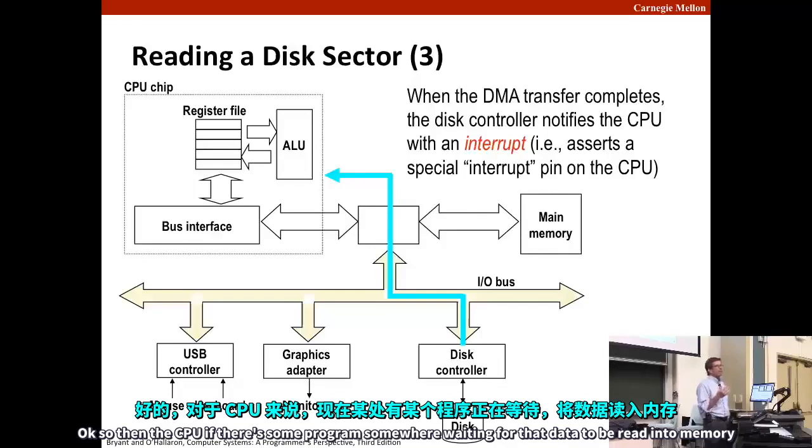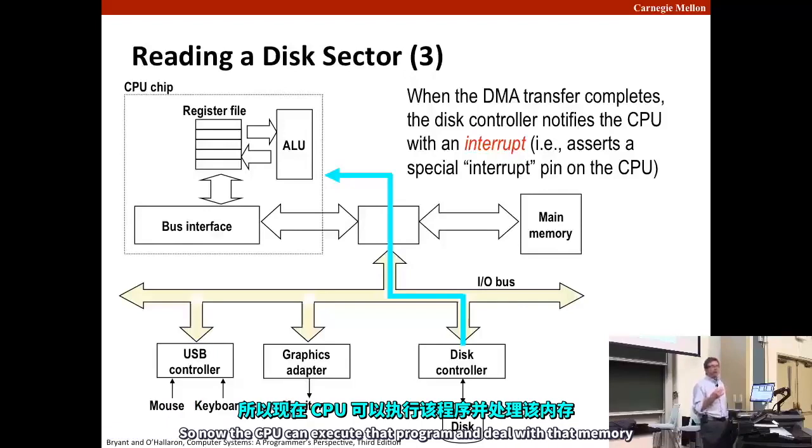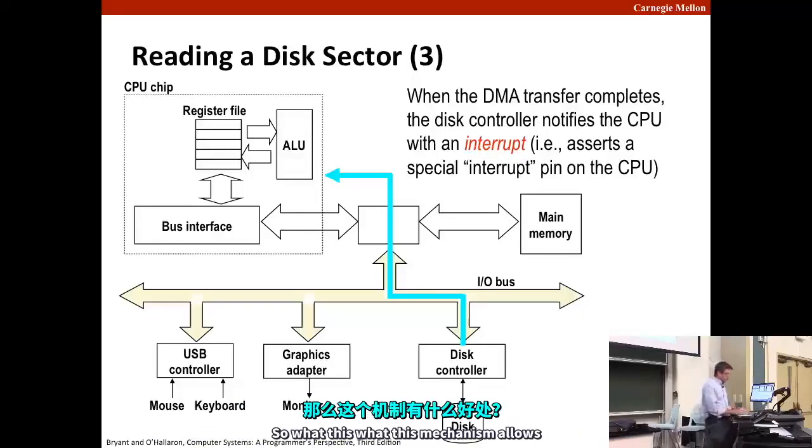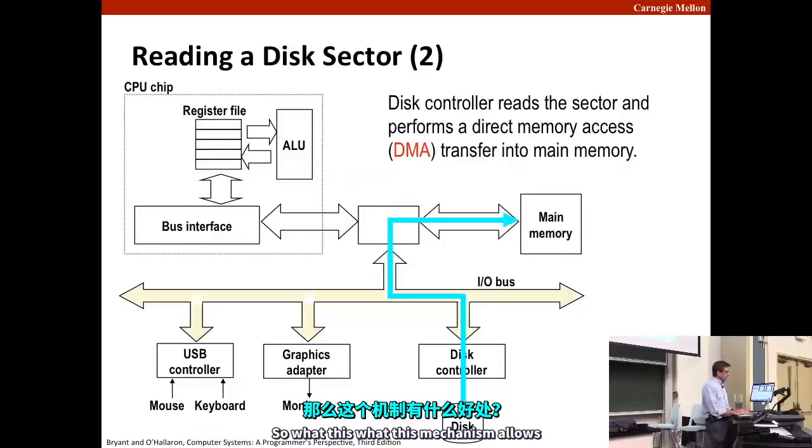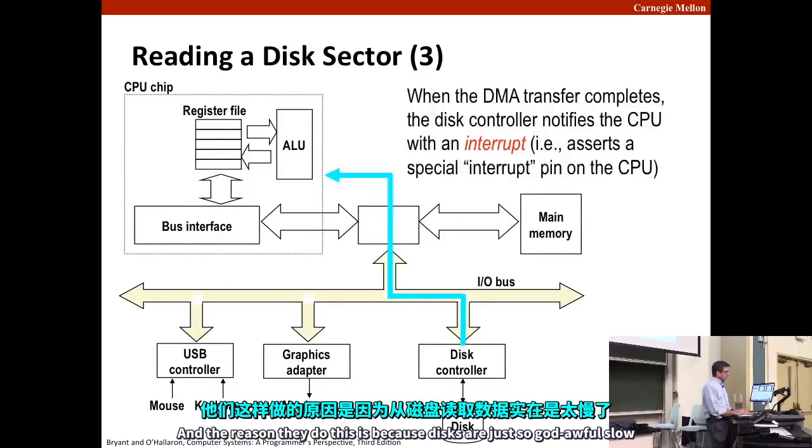Then there's some program somewhere waiting for that data to be read into memory, so now the CPU can execute that program and deal with that memory. So what this mechanism allows, and the reason they do this, is because disks are just so god-awful slow.